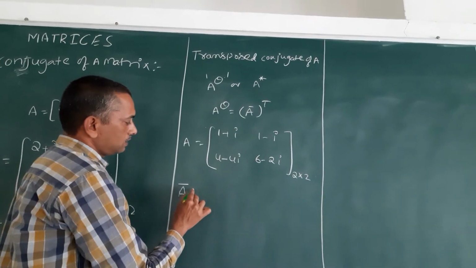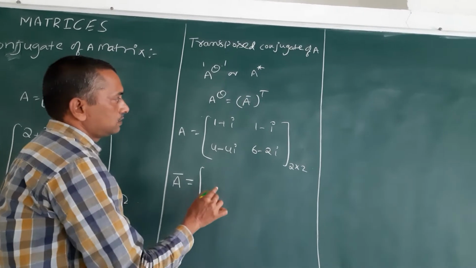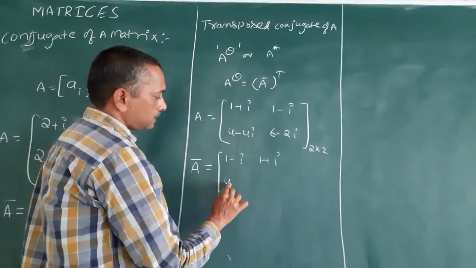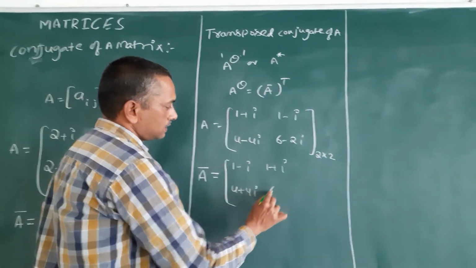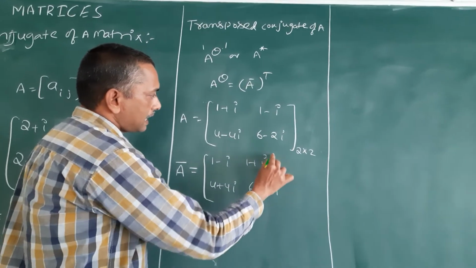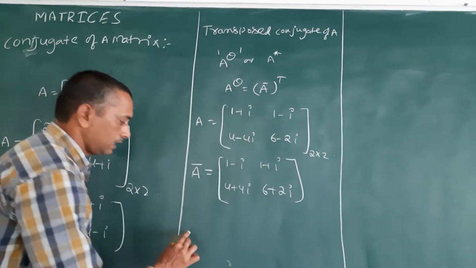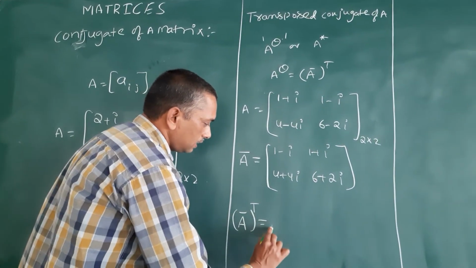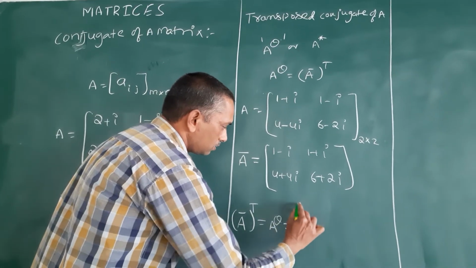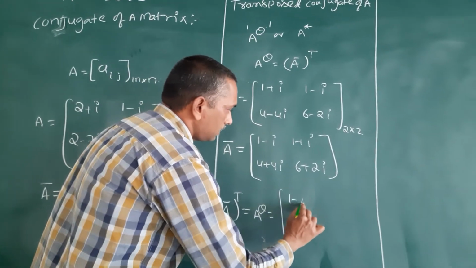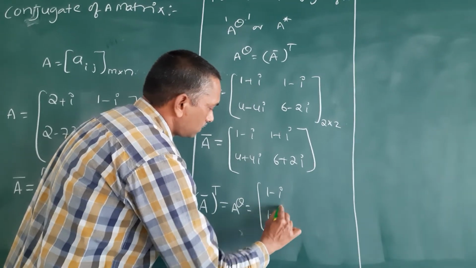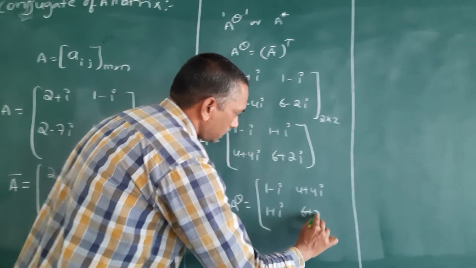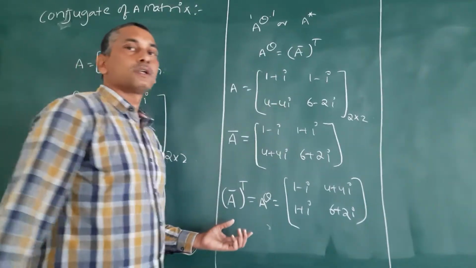The conjugate of A is [1-i, 1+i; 4+4i, 6+2i]. The transposed conjugate of A, A to the power of theta, is [1-i, 4+4i; 1+i, 6+2i]. This is the transposed conjugate of A.